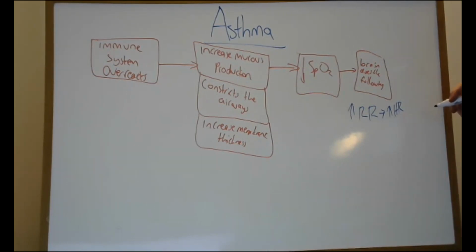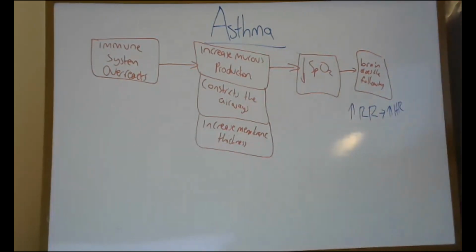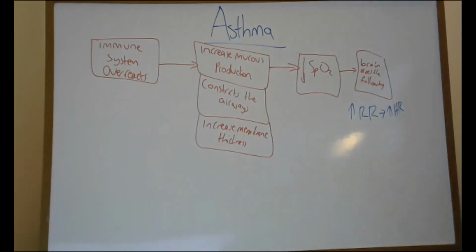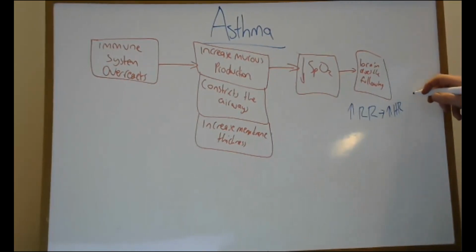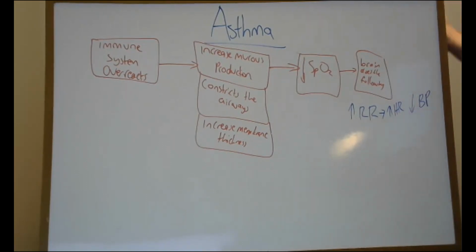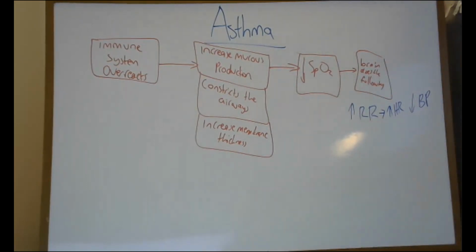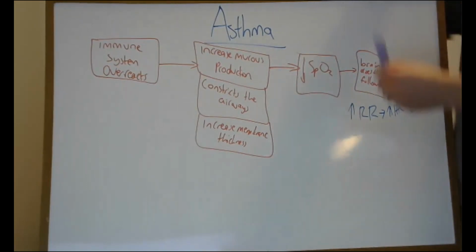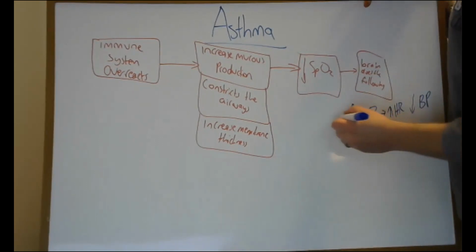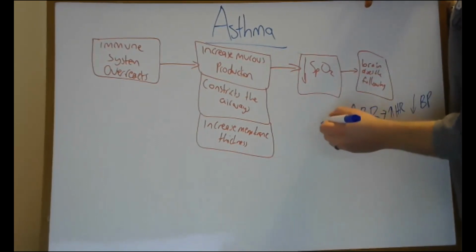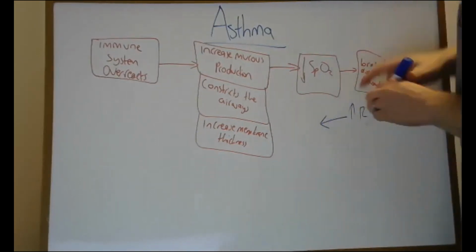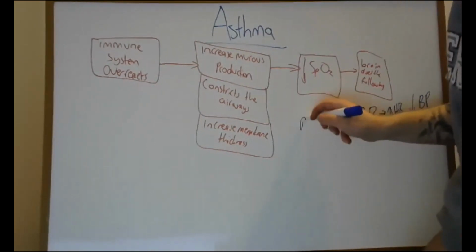So you get an increase in respiration rate and an increase in the heart rate. This drops the blood pressure. What happens here? You increase the respiratory rate and the pH of the blood goes down.